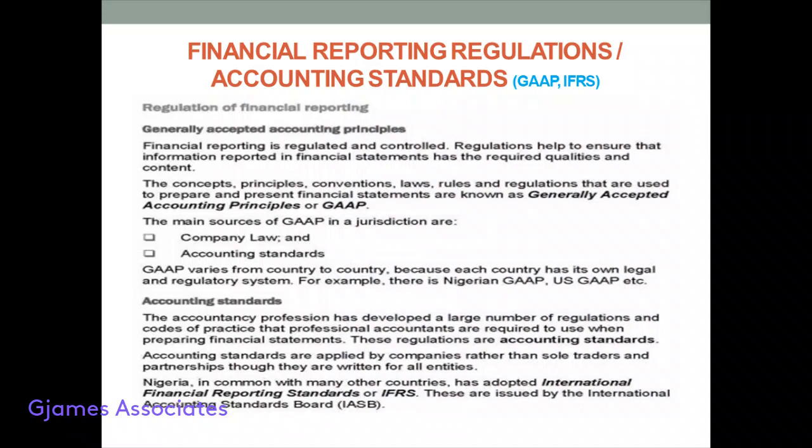Now let's talk about the international financial reporting standard. That does not mean that there are not some generally acceptable accounting principles. We have them, like double entry, which I mentioned when we were introducing, is still a generally acceptable accounting principle.